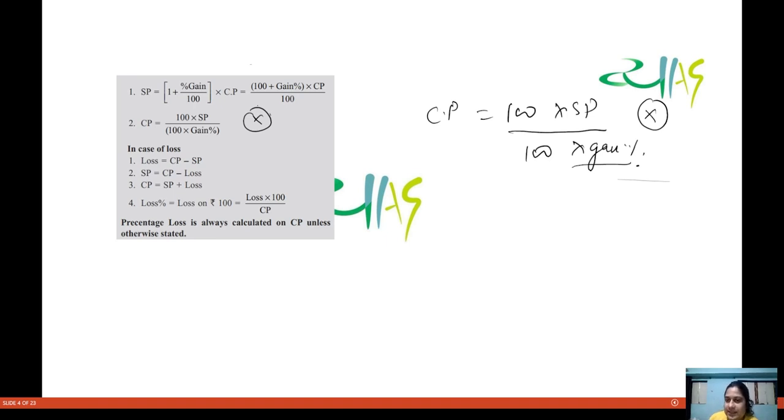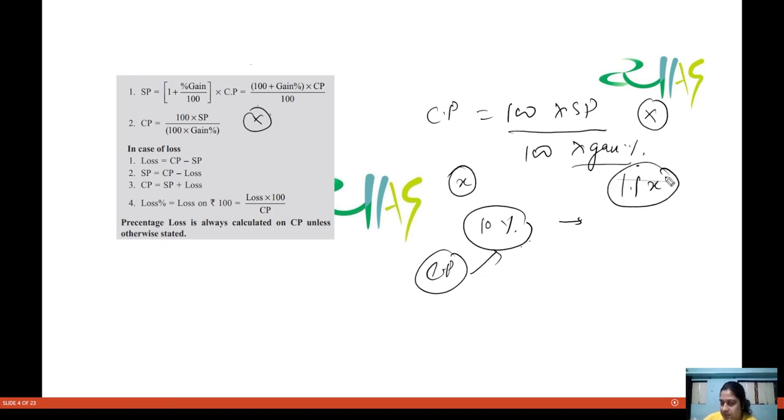देखिए, listen to this. So if I am having, let's say, 10% profit on something, that means if my cost price was X, I sold it at 1.1X. Okay, this is very simple. Try to learn this concept.